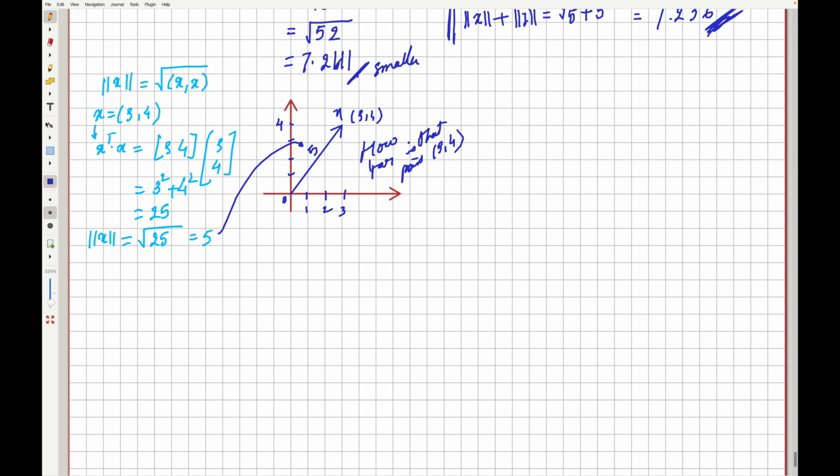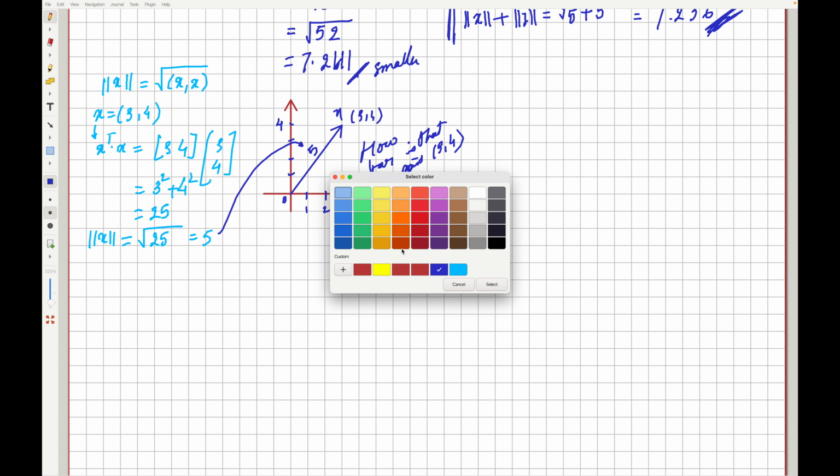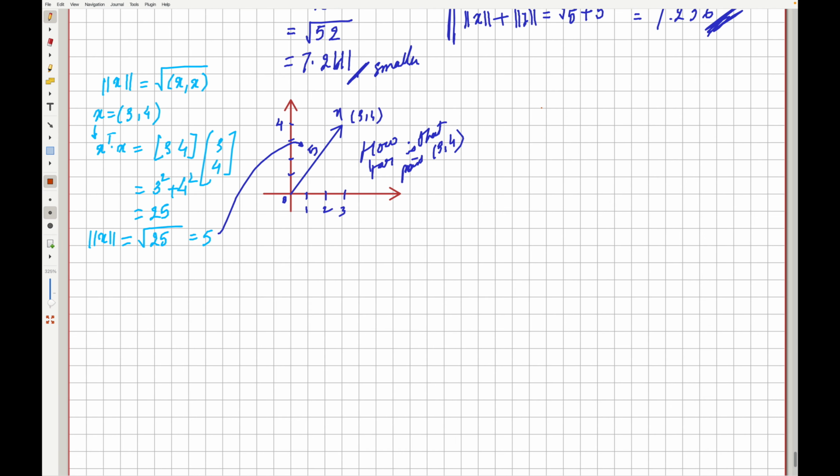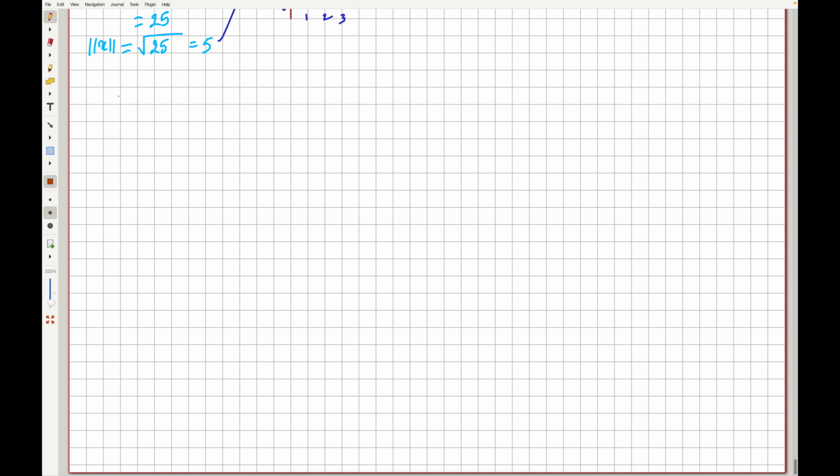That was one concept, and the other concept I want to talk about is the following. If we look at the formula for the norm, it is nothing but the square root of x1 squared plus x2 squared plus up to xn squared. So we just square each term in the n-dimensional space and take the sum.